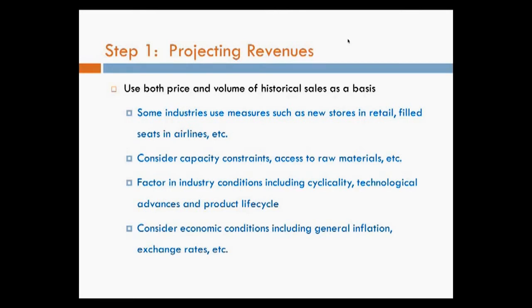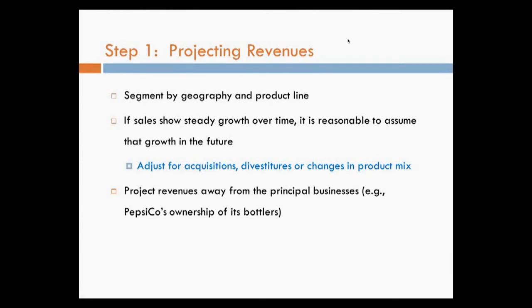Sales. Segment by geography and product line. Let's take Pepsi. We talked about it the very first day. Pepsi has a static, non-mature business in the United States, and overseas it's considered a growth business in many markets.